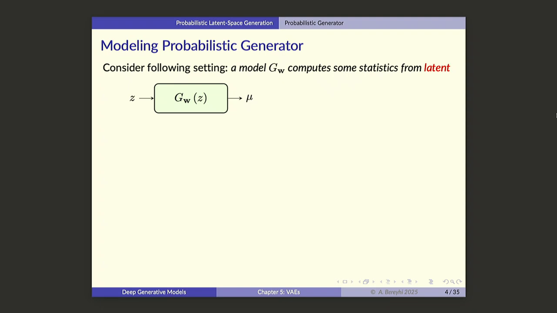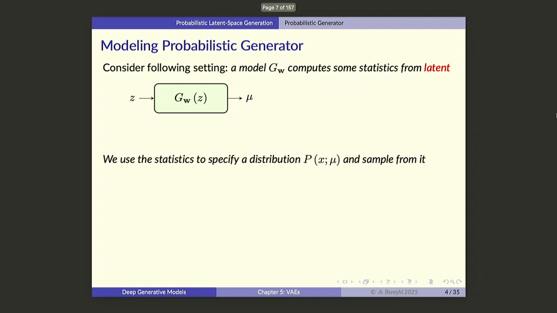But I can think that this mu is essentially a statistic of the distribution which is giving me the data sample. So I have this neural network, it computes this mu. Then I have this distribution p, which is parameterized by mu. And don't worry, I'm going to give you an example. So I'm going to put this mu value that I computed inside that.